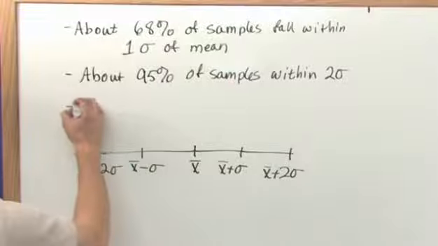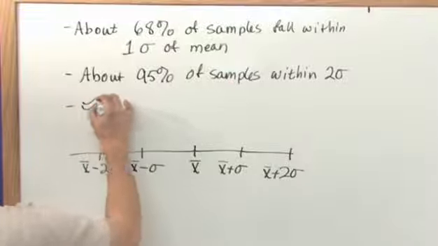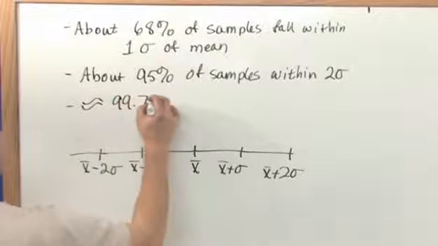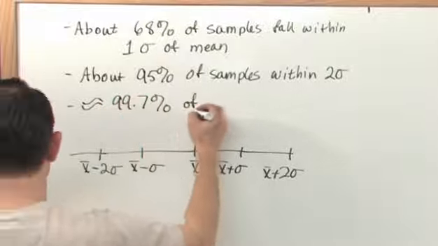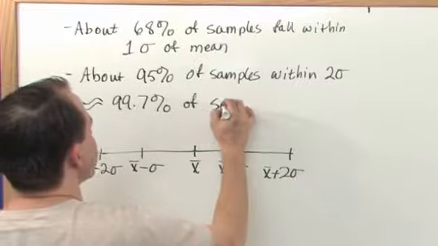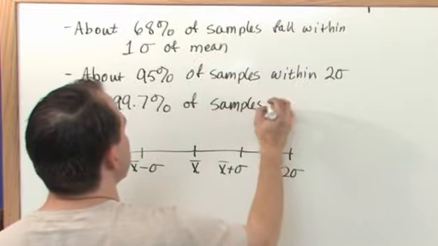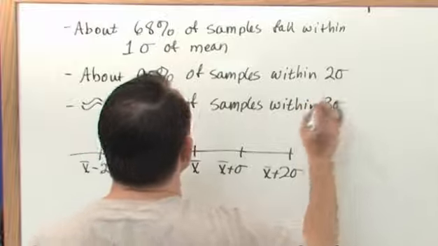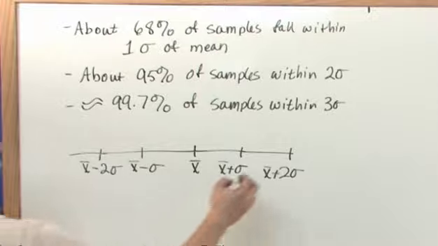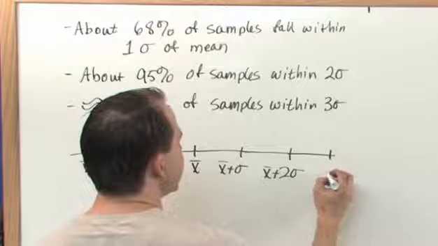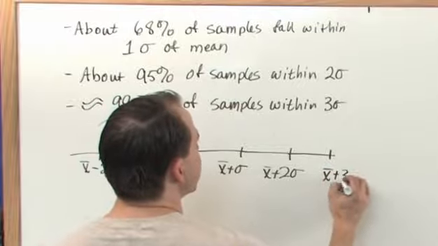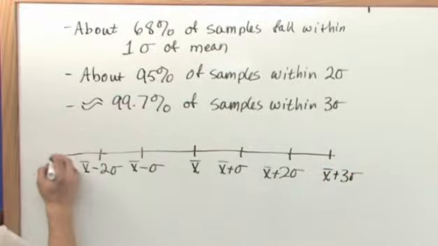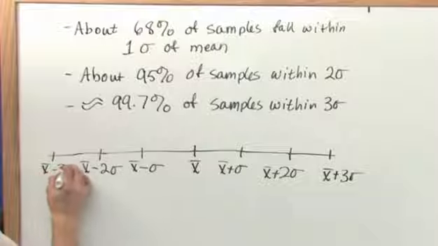And then the final thing is roughly 99.7% of samples are within 3 sigma. So if you were to go off to 3 sigma, you would add another sigma, the mean plus 3 sigma, and then the same thing over here, the mean minus 3 sigma.